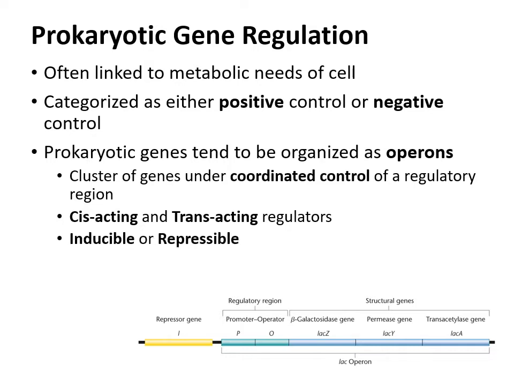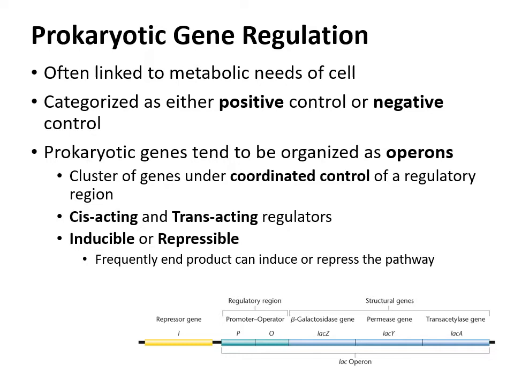Now, like I mentioned a minute ago, when it comes to regulation, you could have things activated or repressed. And so the terms you tend to see is that a regulation pathway can either be inducible or repressible. A lot of times it's the end products that will determine what happens, but it varies pathway to pathway. But anyway, what's important here is to know that gene regulation can be positive or negative, so activating or repressing.